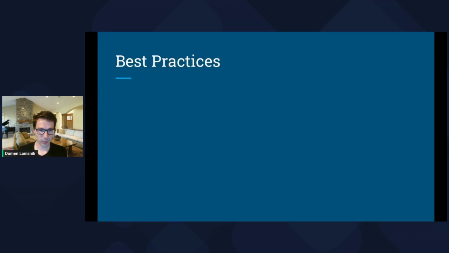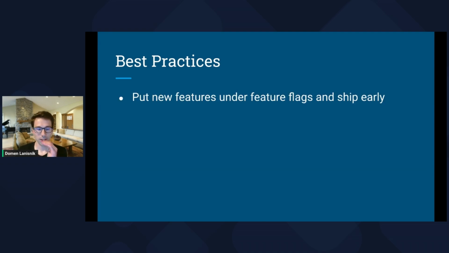So what are the best practices to cover the drawbacks that we mentioned? Well, definitely put features that you think are important under feature flags and ship as early as possible. So try to avoid long-lived branches and try to just merge into the main branch once you have everything protected with a feature flag.